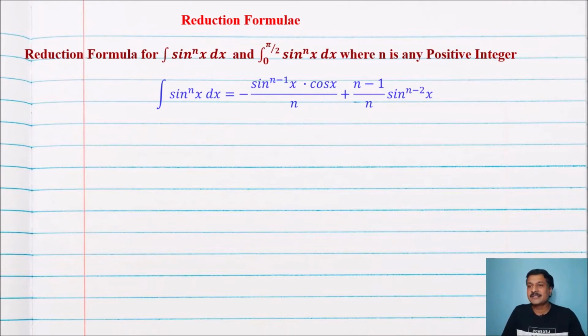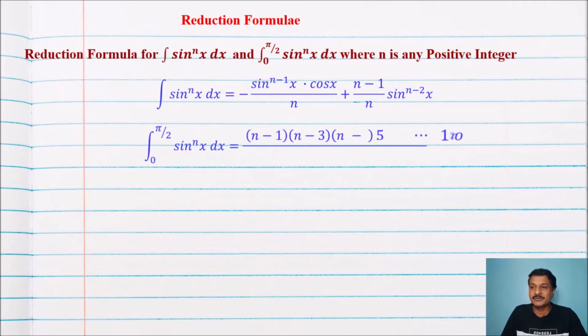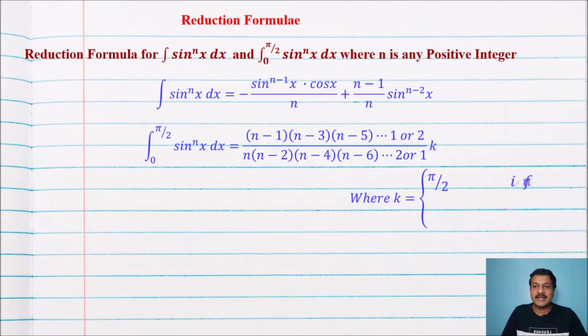If we consider the limits here 0 to pi by 2, then we will get here direct formula, that is the integration from 0 to pi by 2 sin x raised to n dx equal to n minus 1, n minus 3, n minus 5 dot dot dot 1 or 2 whole divides n, n minus 2, n minus 4, n minus 6 dot dot dot 2 or 1 into k, where k equal to pi by 2 if n is even and equal to 1 if n is odd.